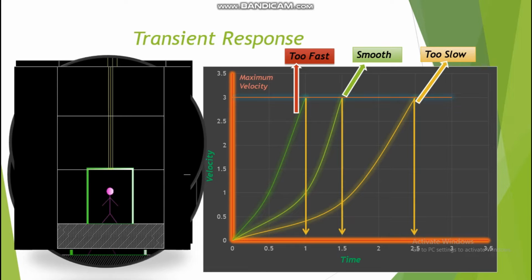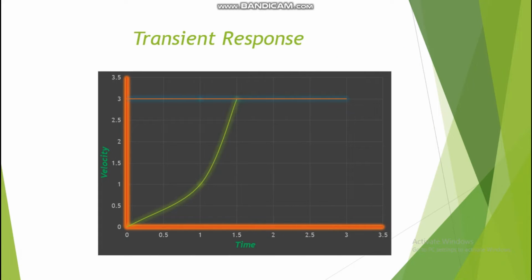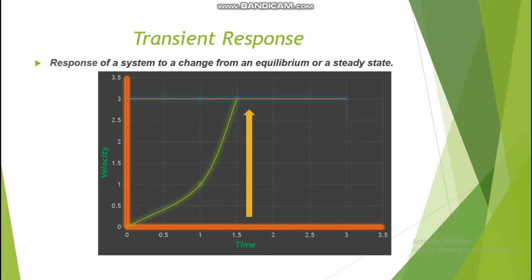Now what is the transient response? Transient response is the change between two equilibrium positions. The first equilibrium position in this case was the velocity of 0. The second equilibrium position is the velocity of 3 units. So we can say that the transient response is the change from one steady state to another steady state, as it is said to be the response of a system to a change from an equilibrium or steady state.